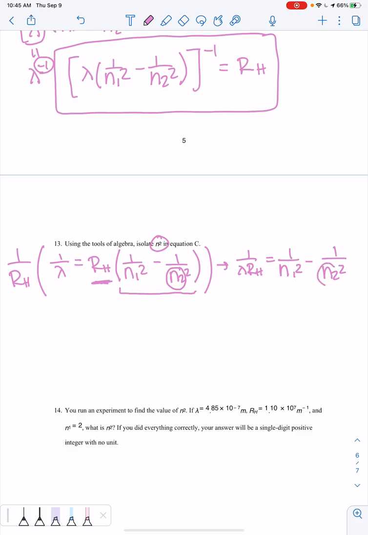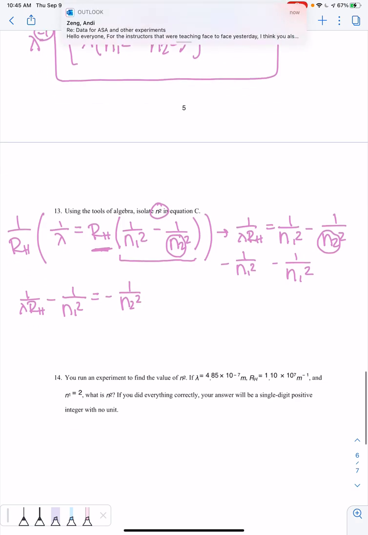And so we're still trying to isolate N2 here, so we can actually subtract 1 over N1 squared from both sides of the equation. And that would give us 1 over lambda RH minus 1 over N1 squared is equal to minus 1 over N2 squared.